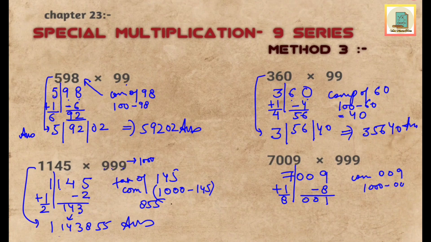So 1000 minus 009 gives you 991. So now we've got all the elements of the answer. So just write the answer. So 7 then 001 and then 991. So the final answer is 7001991. Now let's understand this method better by taking more examples.